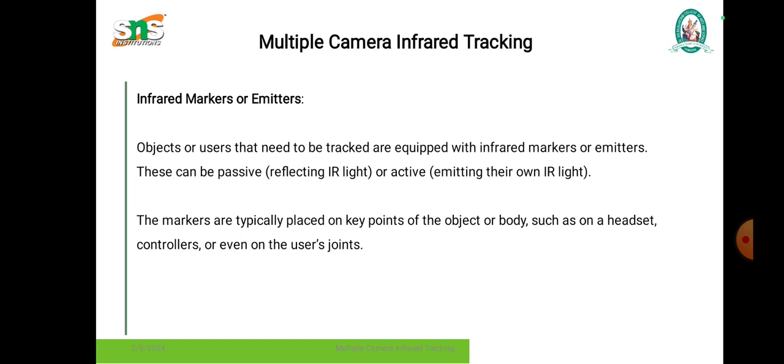And the next one is infrared markers or emitters. The objects or users that need to be tracked are equipped with infrared markers or emitters. These can be passive, which means reflective of IR light, or active, emitting their own IR light. The markers are typically placed on key points of the object or body, such as on a headset, controllers, or even on the user's joints.